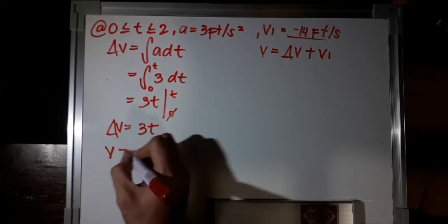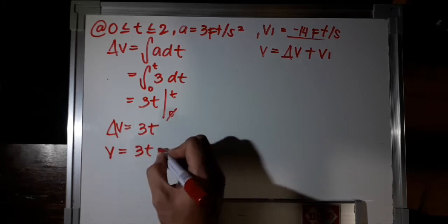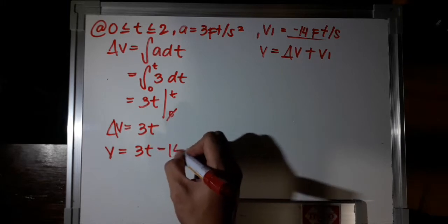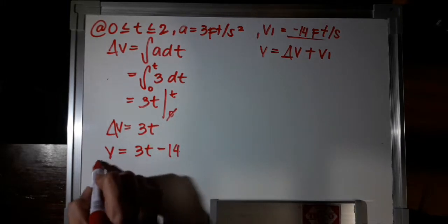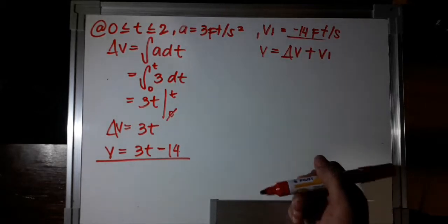So velocity is equal to the change in velocity, 3t, plus the initial velocity, negative 14. So this is our value for velocity in the 0 to 2 time.